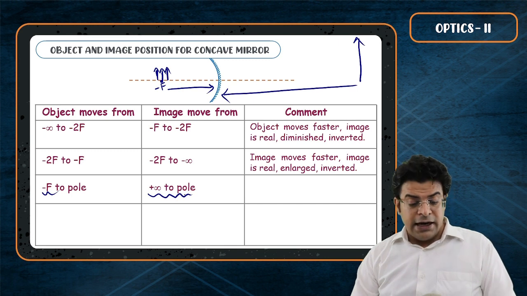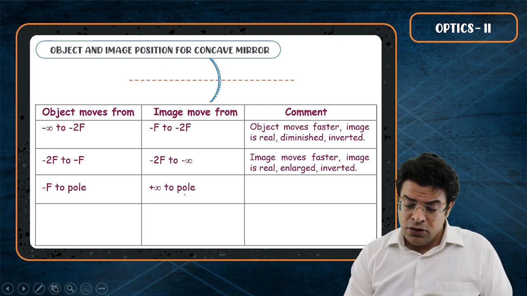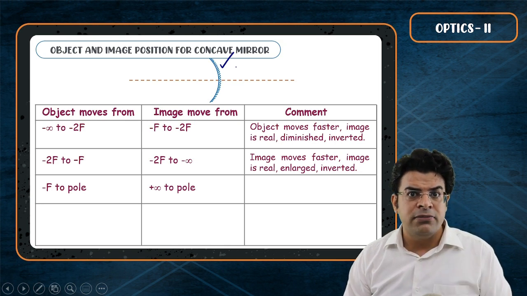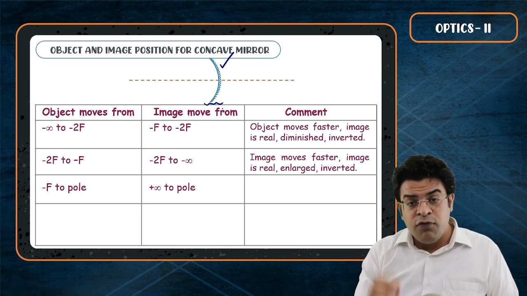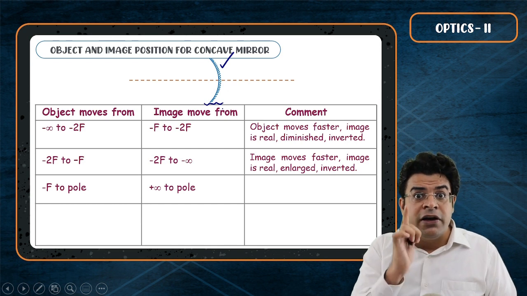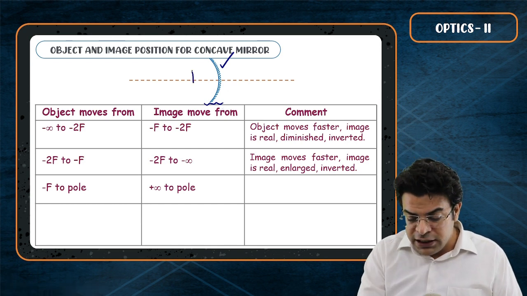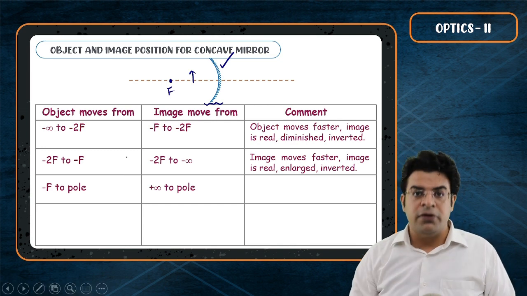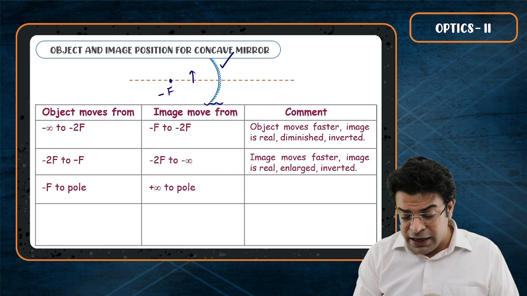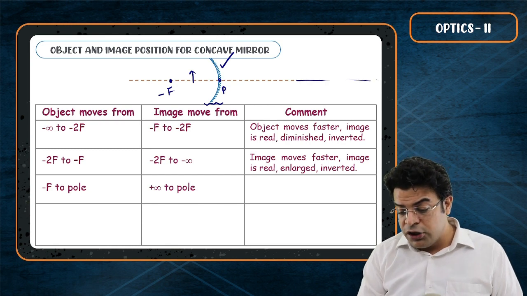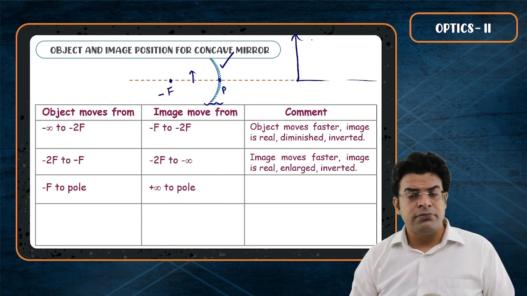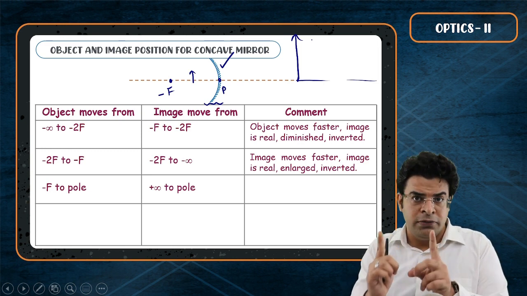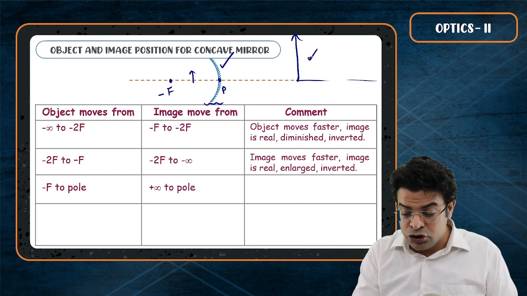Now to understand that, does concave mirror form virtual image of a real object? Yes, a concave mirror forms virtual image of a real object given that the object is placed within the focal length of the concave mirror. So if the object is placed between minus f and pole, you get a virtual enlarged image. As the object and image are on different sides of the mirror, you will say that the image has to be erect.